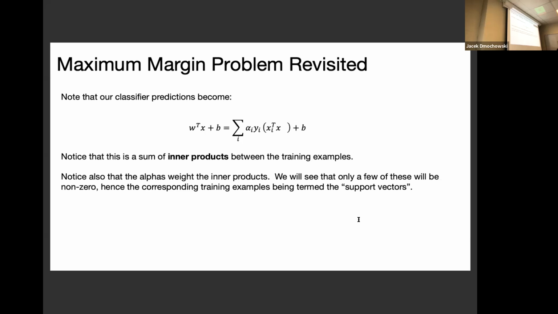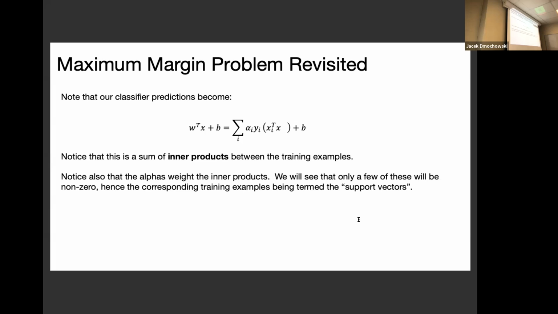So what this equation is saying is that when a new data point comes in, the prediction is going to be what's on the right-hand side. And what's on the right-hand side is that your new data point is getting inner producted with each training example. The value of that inner product gets weighted and then summed up across the data.